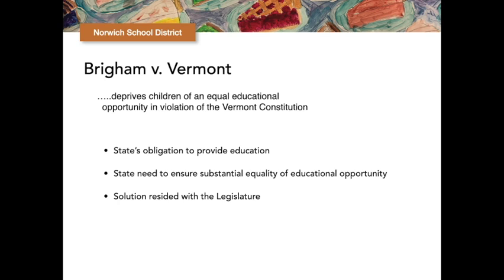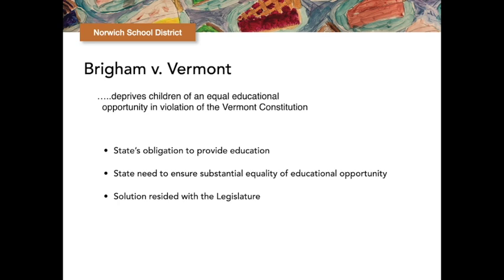In the opening paragraph of their judgment, the Supreme Court said that the current education funding system deprives children of an equal educational opportunity in violation of the Vermont Constitution. A few items that are worth noting about the Supreme Court's decision. They said that it was the state's obligation to provide education to its citizens.